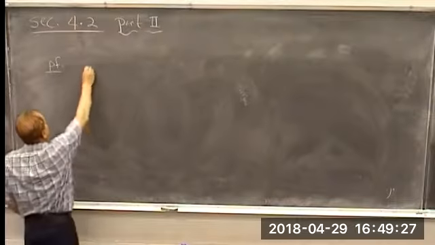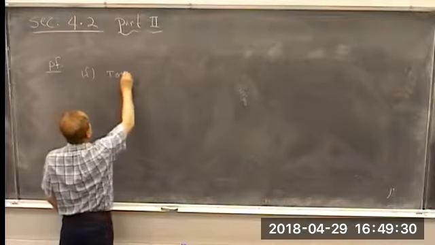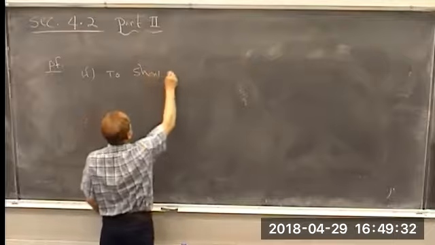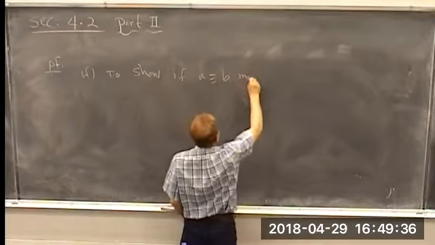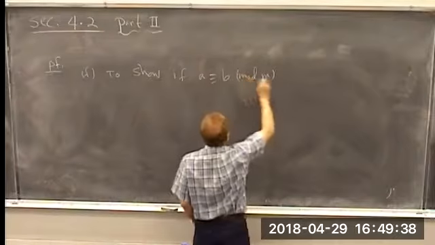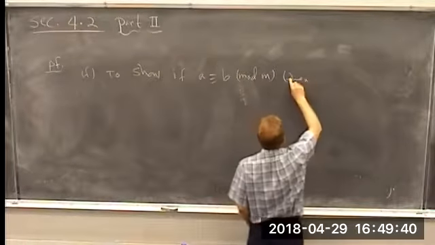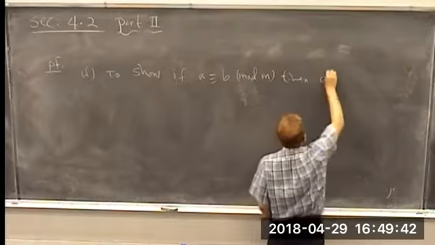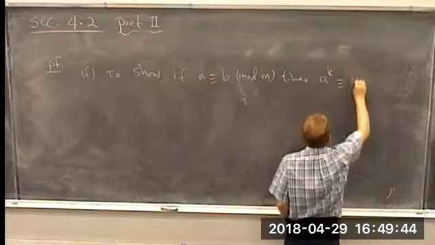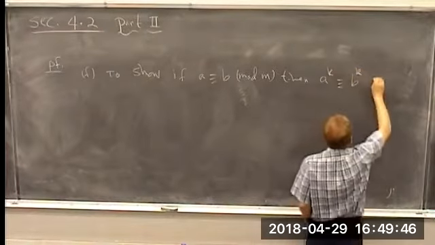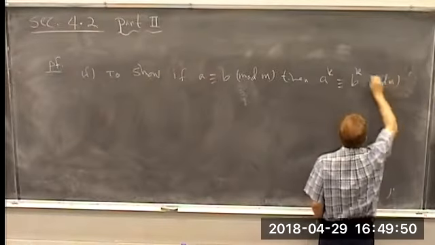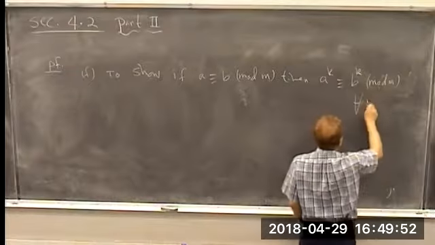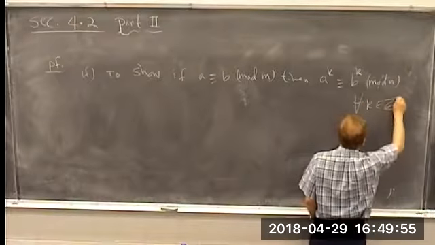So F: if A is congruent to B mod M, then A to the K is congruent to B to the K mod M for every K positive integer.